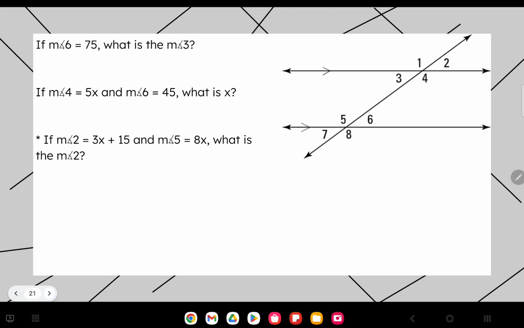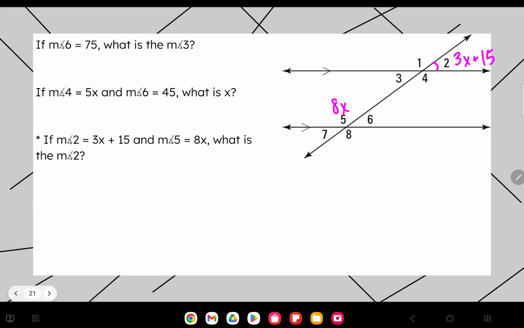All right, our last one, and this is in your practice problems for today. If the measure of angle 2 is 3x plus 15, and angle 5 is 8x, what is the measure of angle 2?